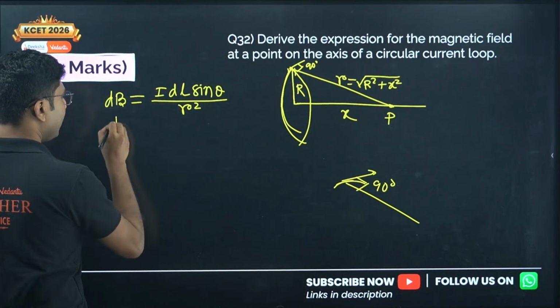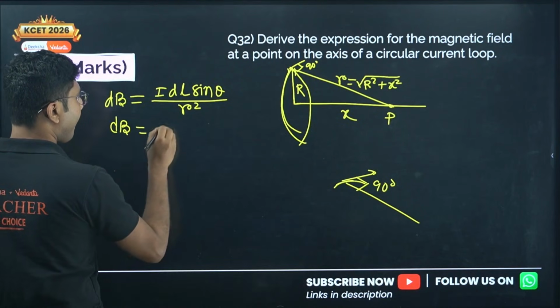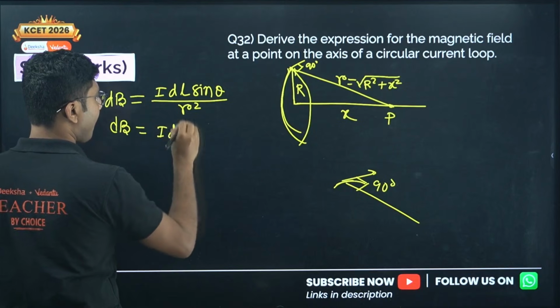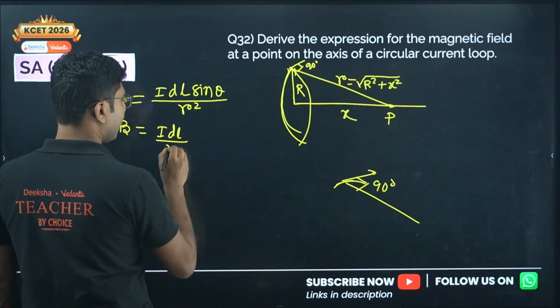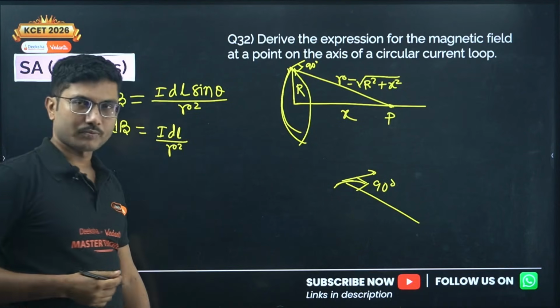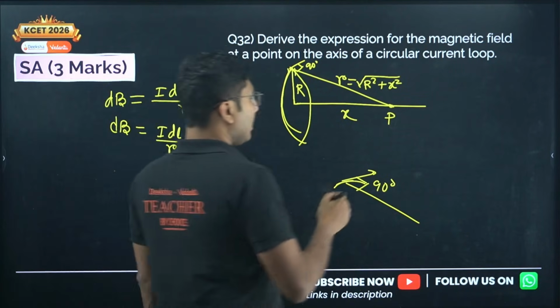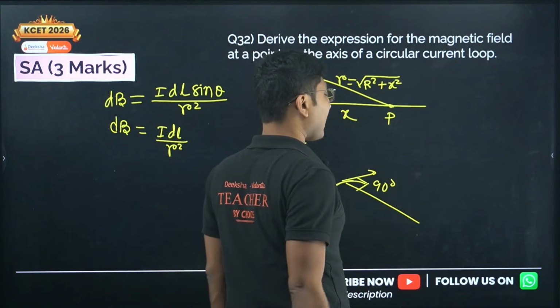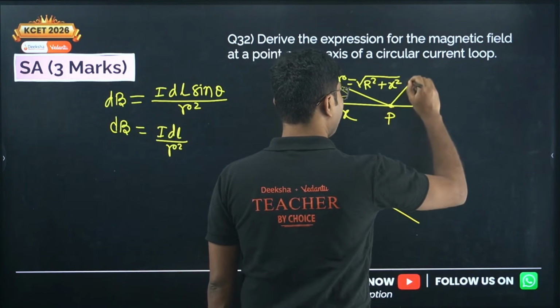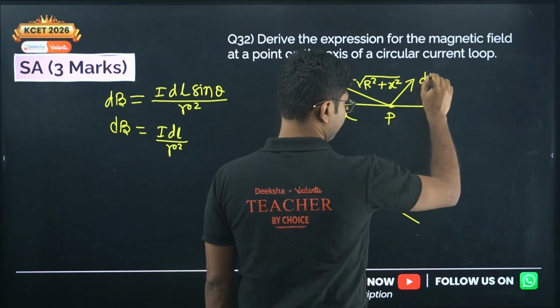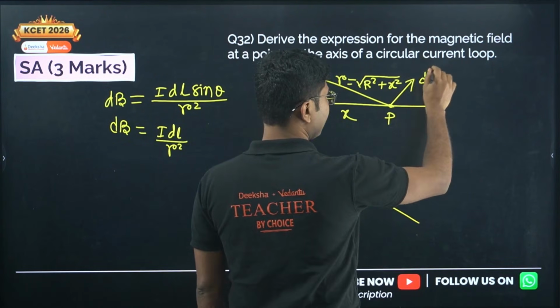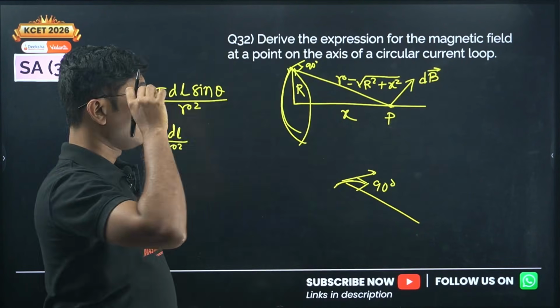So sin theta is 1, and dB will be I dl by r square. But this is not it. If you consider the direction of the magnetic field, it will be along some direction like this.